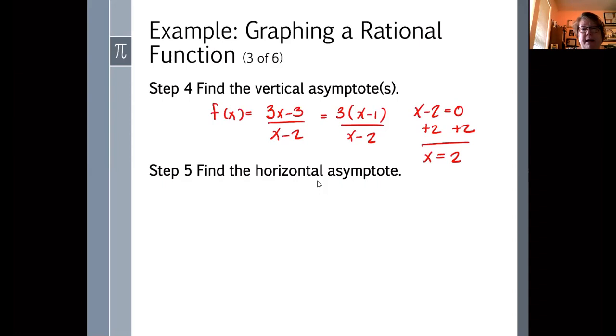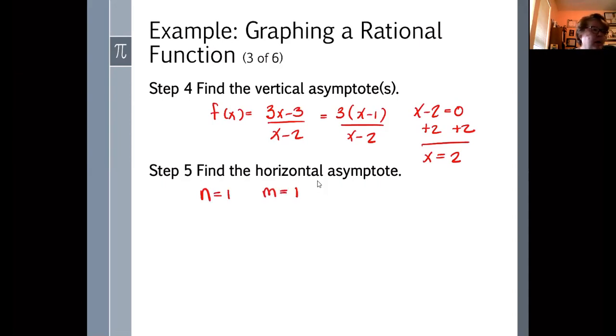So next we're going to find the horizontal asymptote. So we're going to look at the degree of the numerator and the degree of the denominator. The degree of the numerator and the degree of the denominator is 1. So n is 1, as is m.